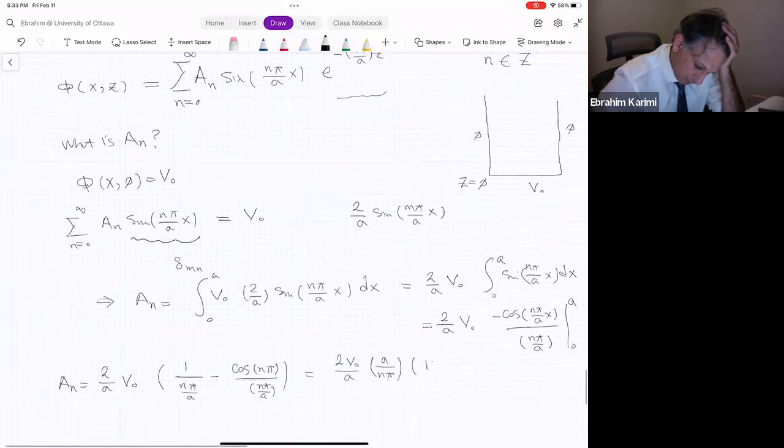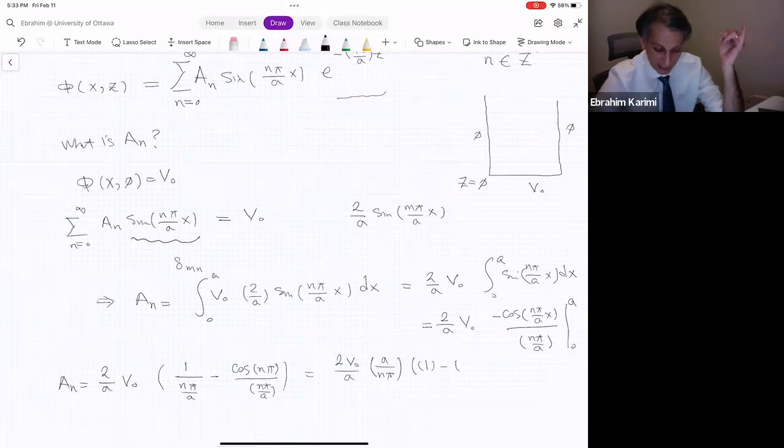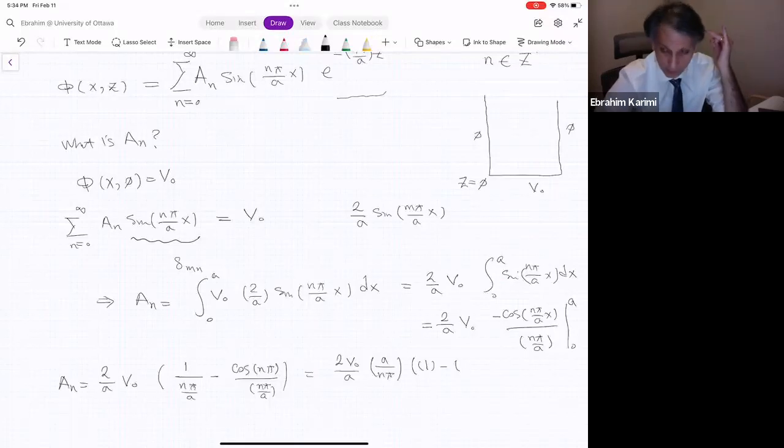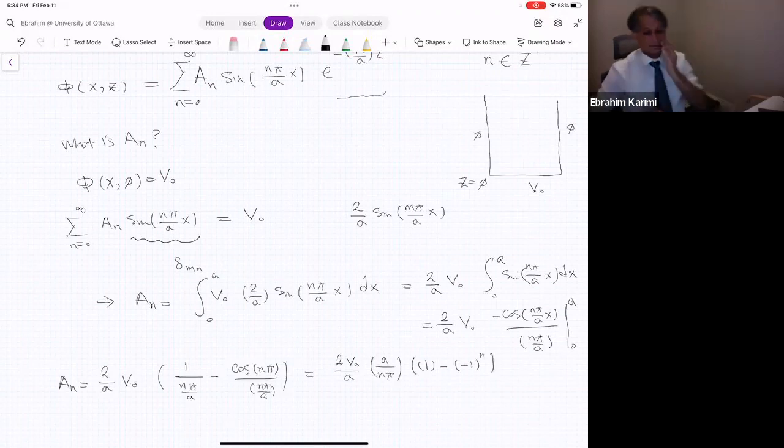Then we do have 1 minus, when n is equal to 0, that will be 1. n equal to 1, that will be negative. So it will be minus 1 to the power of n. Okay. Then we got the relationship. You place it inside and you will get the exponential one.